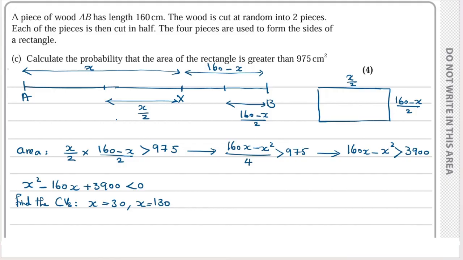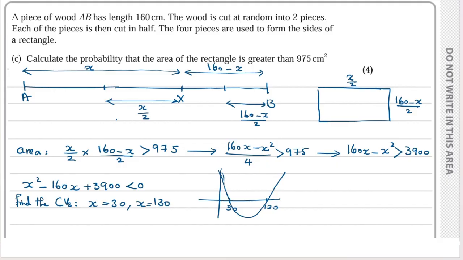So we then do a sketch of the graph. So that's 30, that's 130, and we know that is a quadratic graph, so it looks like this.